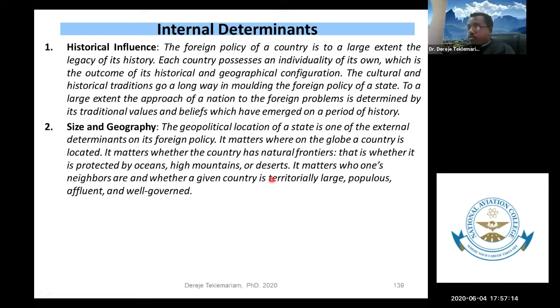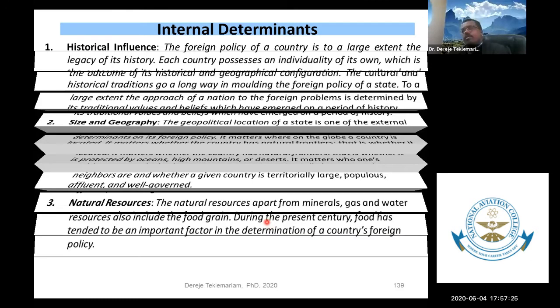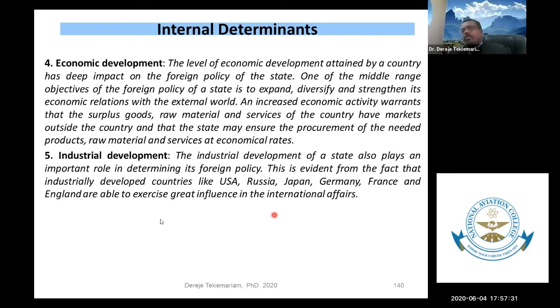Even the size and the geography of the country, the natural resources or endowments, even the economic development. So you can read it, even the level of industrial development. A good example is the USA, Russia, Japan, they are well mentioned. Even the military capacity, we call it the military power.